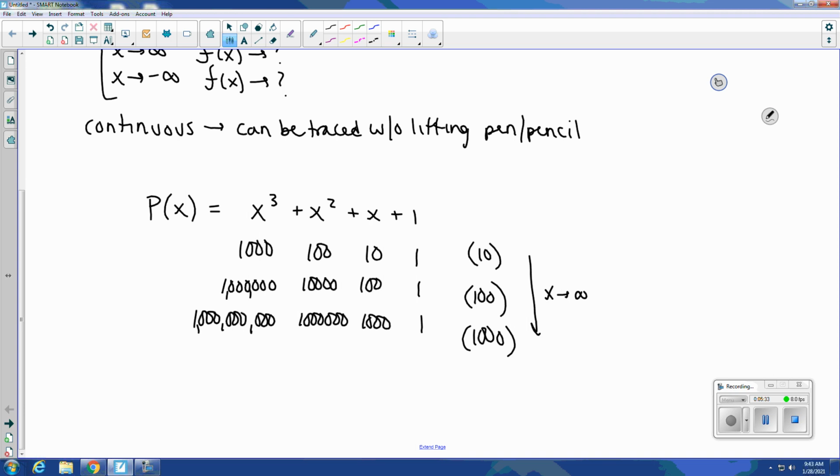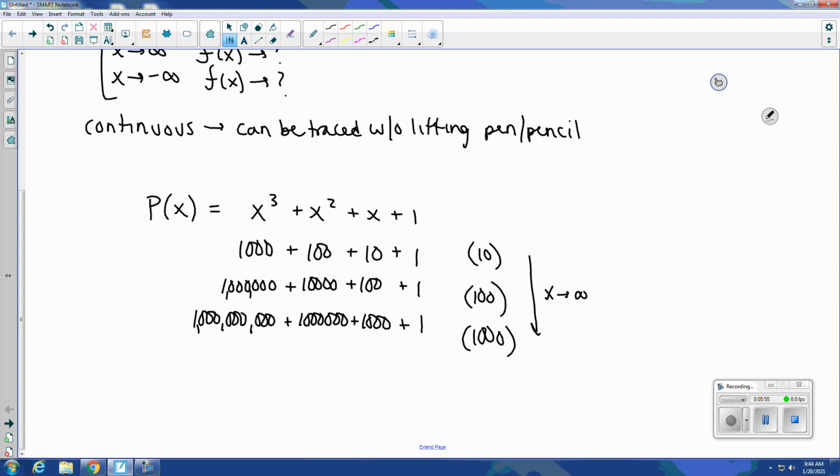So the gap, or the overall value of this polynomial, if we were to add these terms together, and you could imagine as x gets larger and larger and larger, in the grand scheme of things, 1,000 is a relatively small value considering it could keep going forever.